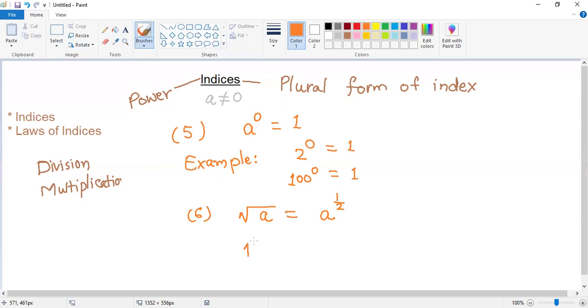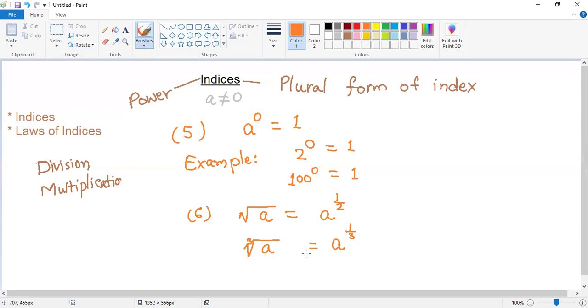If you have a cube root, with a number 3 shown here, you will write this as a power 1 over 3. Because this is indices or power, it is very important to know this. When you have a question like this, you will first convert it into power and then try to solve.